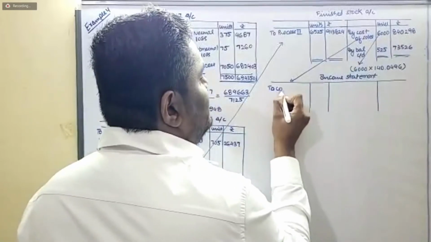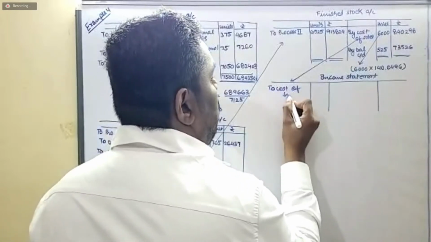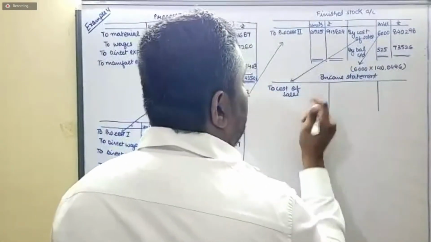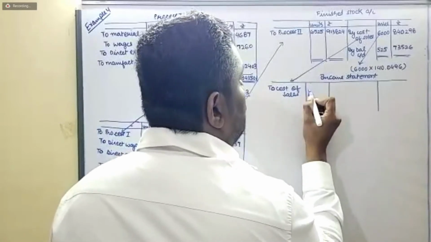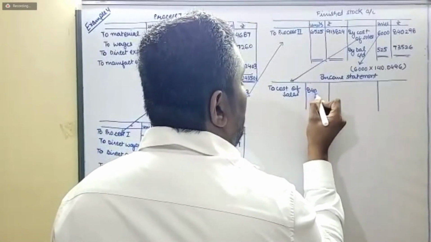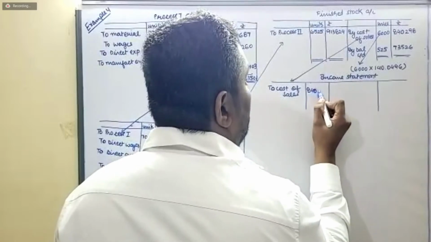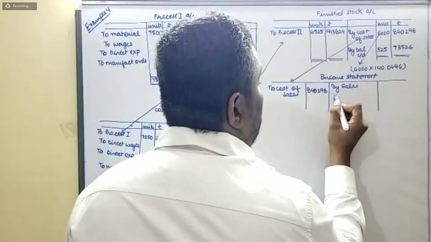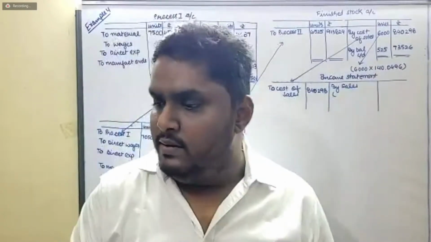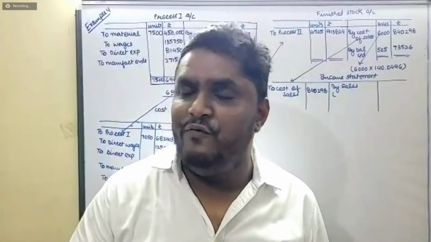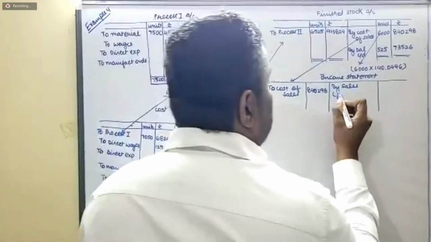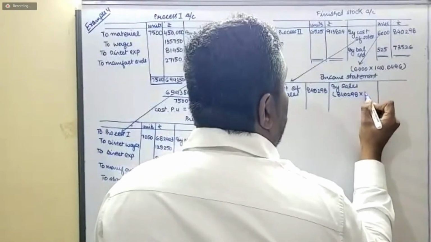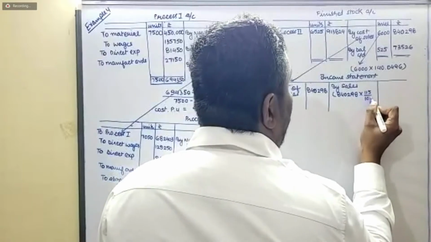So to cost of sales, that is 840298, by sales. It is given that the units are sold at a profit of 15% on cost. So 840298 into 115 divided by 100.